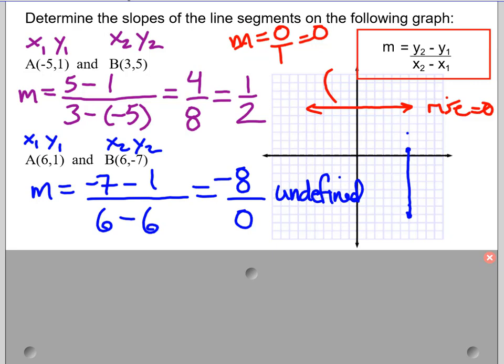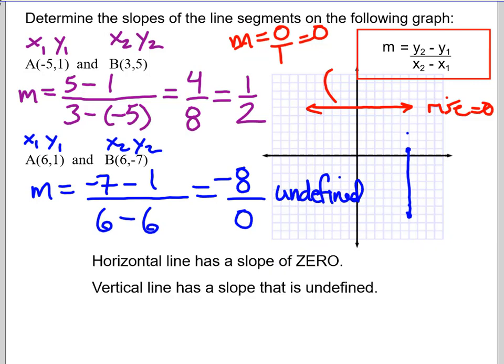One is a vertical line, and one is a horizontal line. Horizontal lines have a slope that's 0. Vertical lines have a slope that's undefined. Take a minute, write that down, put that somewhere, because that's one of those sneaky little questions that comes up and gets people when they're not expecting it.